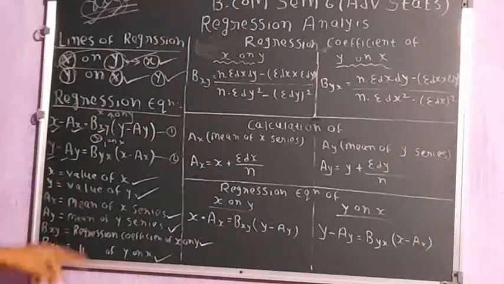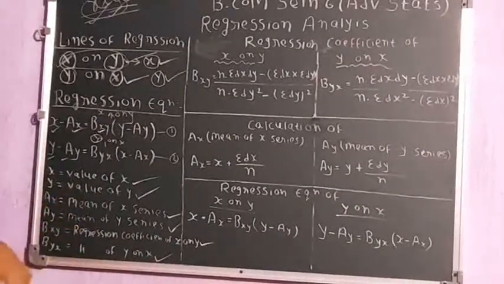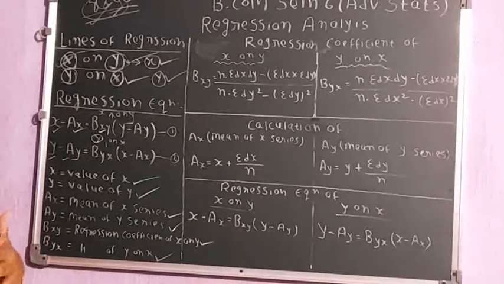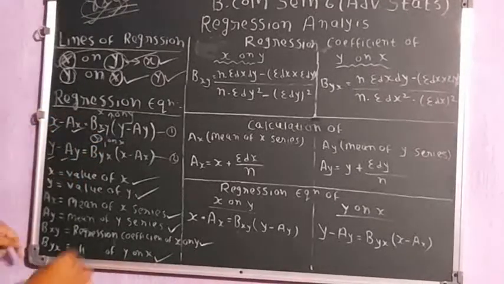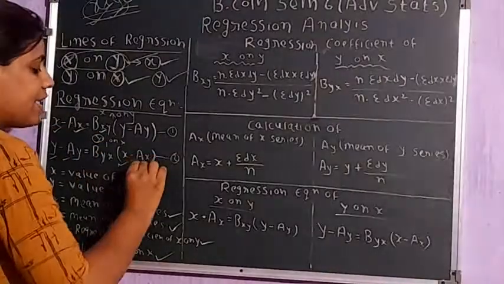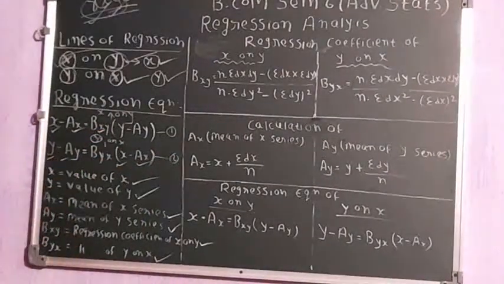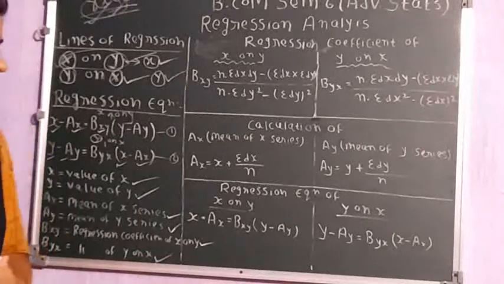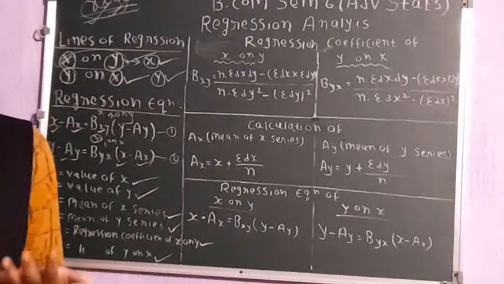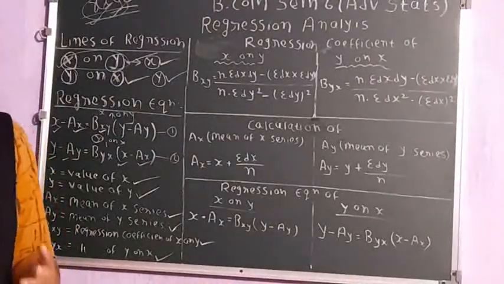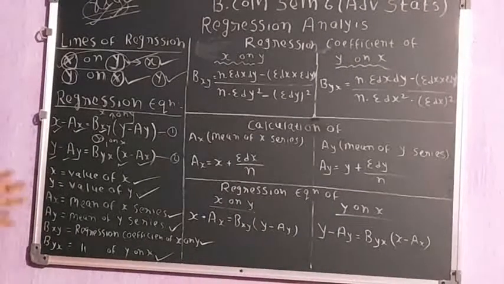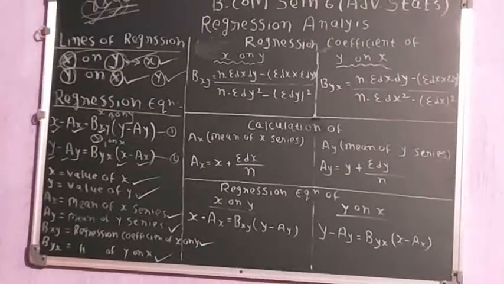This equation is used to predict the value of y when we have x. Again, x refers to the value of x, and ax refers to the mean of the x series. This way we calculate the y on x line of regression, which is used to find the value of the y variable when x is available. So we have two regression equations.